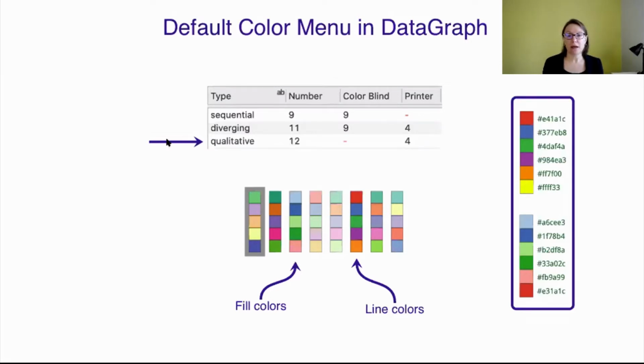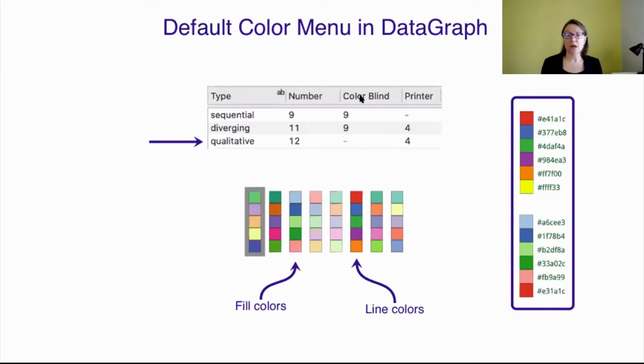And the reason that I highlight the qualitative here is because this is what we use in our default color menu. So if you notice, these are all the different qualitative color schemes that Color Brewer has available, but I've highlighted the one that we use by default for our fill colors and the ones that we use by default for the line colors. So these just come directly from Color Brewer.